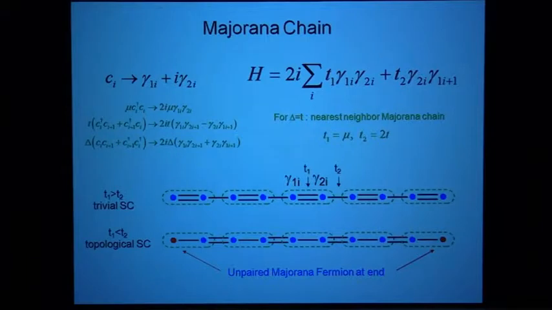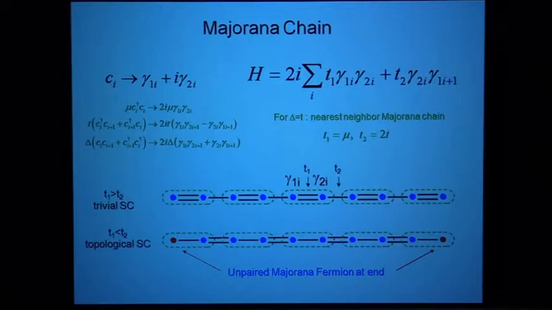And so again, as Shivaji explained, if I think of each site as a pair of Majorana fermions, then the chemical potential term sort of gives me a term which couples the Majoranas on a single site, whereas the combination of the superconducting term and the hopping term give me something which connects different sites.